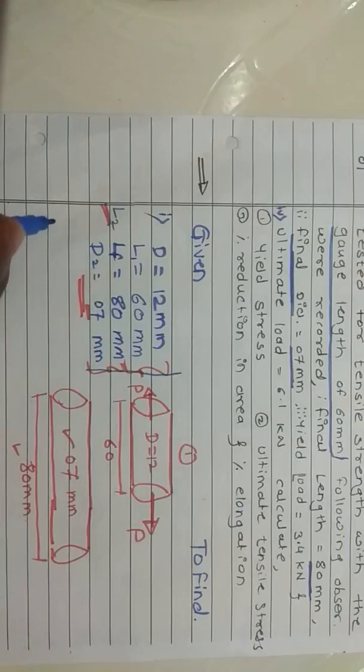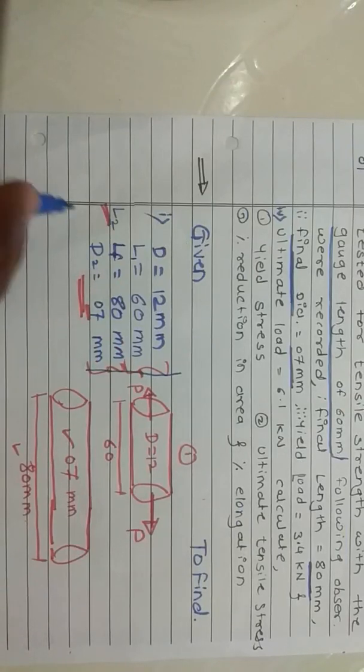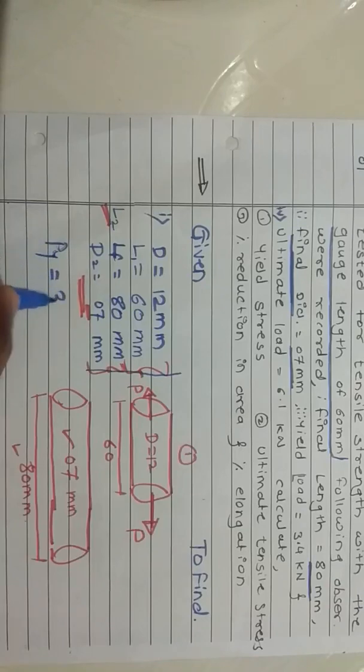After that, we have another two quantities, that is yield load P of Y is equal to 3.4 kilonewton. Now you have to convert this kilonewton if it is necessary. We will discuss that later on.